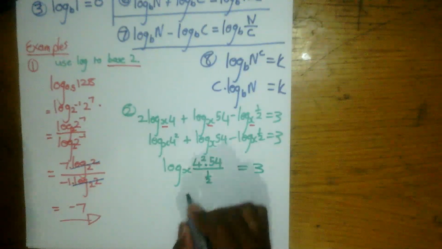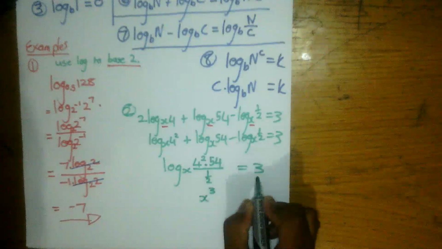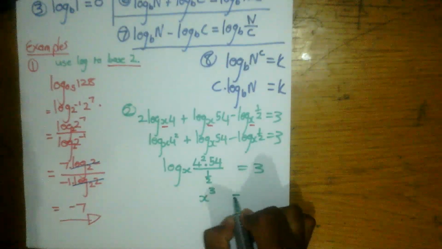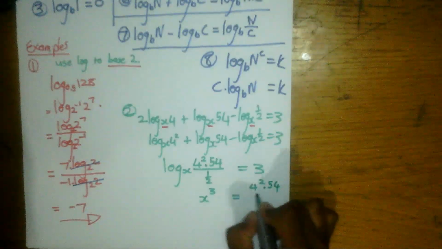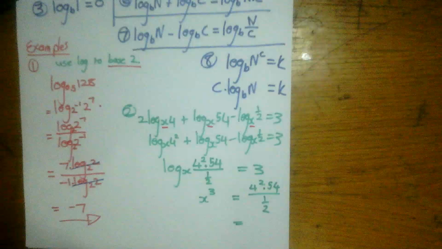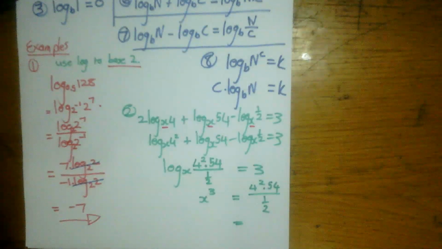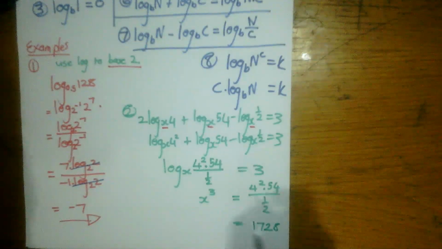So I will write x to the power 3 equals 4 squared times 54 over 1 over 2. To simplify that, it's best to use a calculator, and I'm left with 1728.